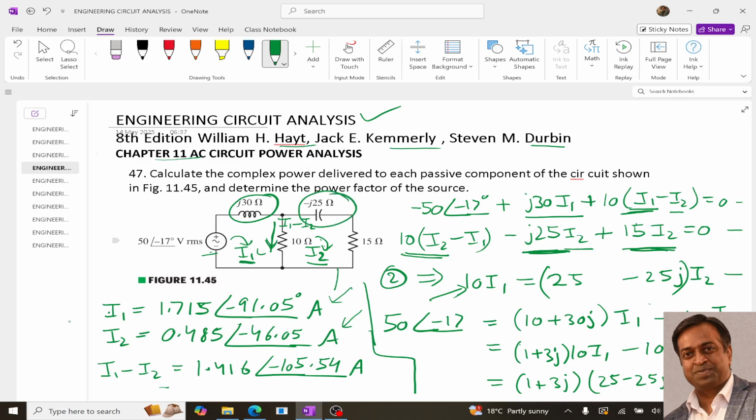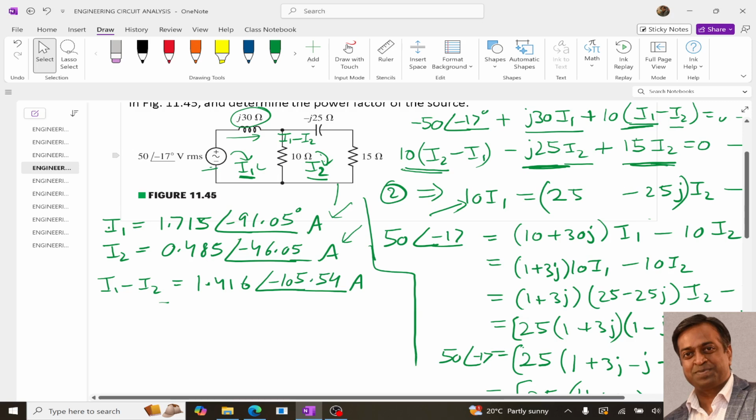The current flowing through this is I2, and from this it is I1 minus I2. So we are able to get all the currents, right? And once we are able to get all the currents, it means we can simply, by multiplying I into this, get all the voltages, right? So let me write the voltage and the current as per the elements.